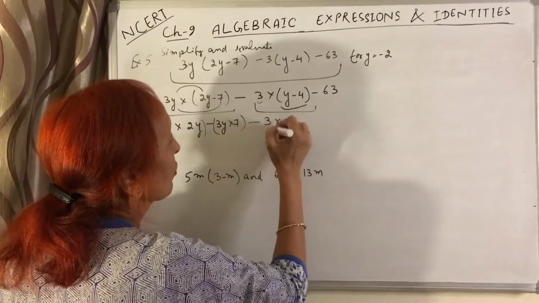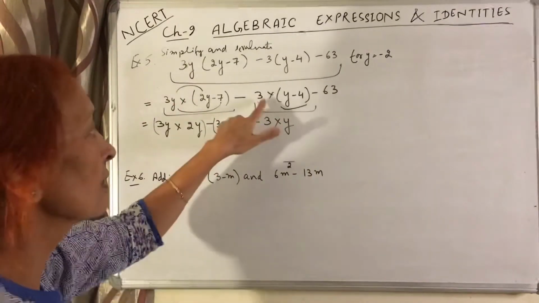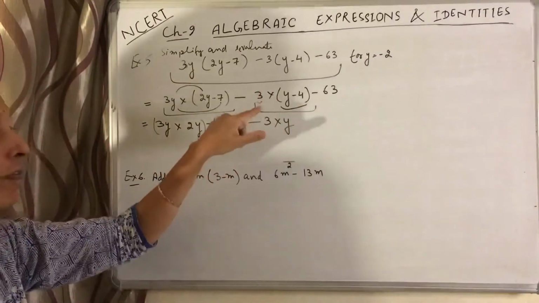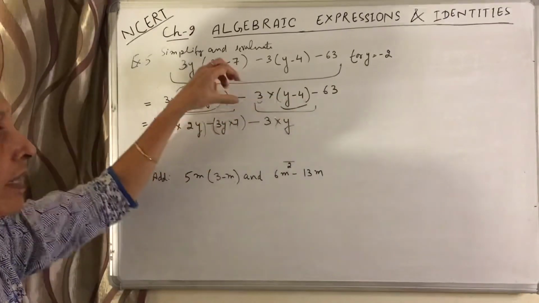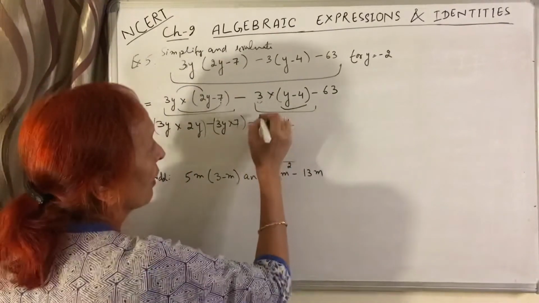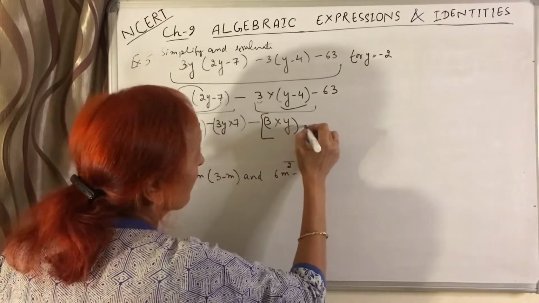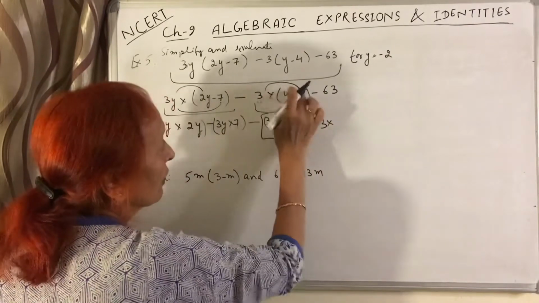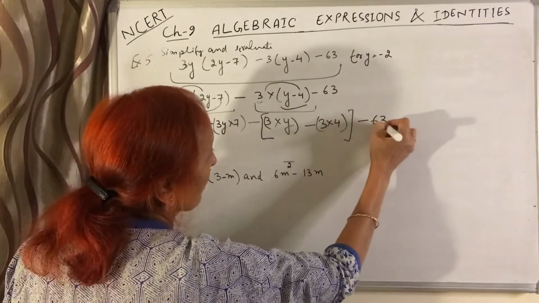So 3 into y. Again this is a multiplication of a monomial with a binomial. So we will multiply this with the first term of this, then the same sign, and then again multiply this by the second term. So 3 into y, we will put a big bracket here, minus this sign and 3 into 4, this with the second term, and minus 63.